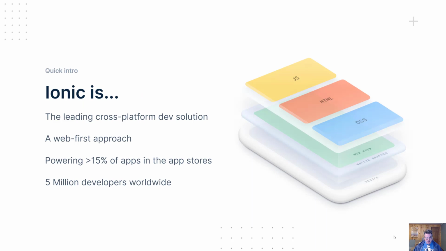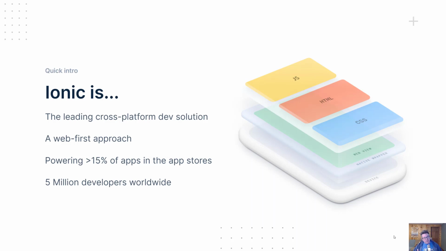So for those of you that are new to Ionic, maybe you're just hearing about us, we are the leading cross-platform developer solution, all about enabling developers to build really great web-native type apps using their web development skills. So that's your JavaScript, HTML, CSS, things like that. Unsurprisingly, we are a web-first approach, all about using web technologies to build really amazing apps.